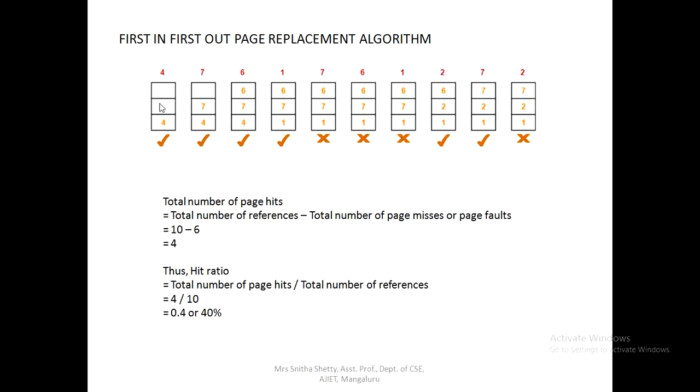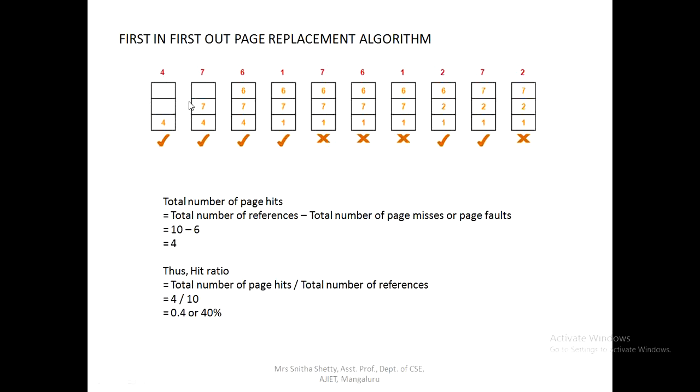So you can see here the total input is 4 7 6 1 7 6 1 2. So this is the input string, the input data. Now you can see here how many frames there are. Initially it is empty, so I am explaining for 3 frames.